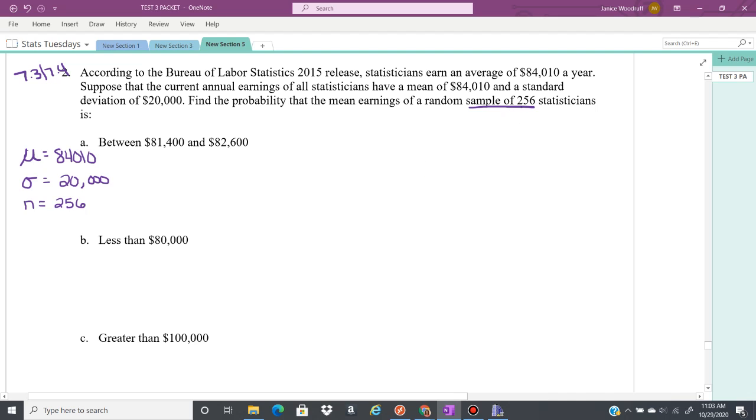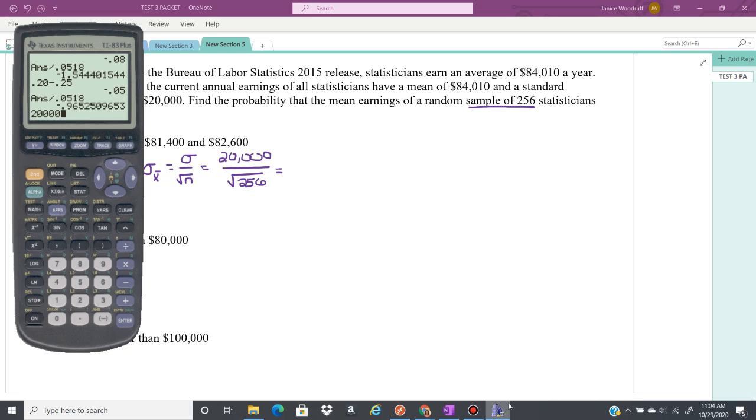And this is a sample, so we need a standard deviation of our sample, which, if you recall, is the standard deviation of the population over the square root of our sample size. So 20,000 over the square root of 256 is going to give us 1,250.